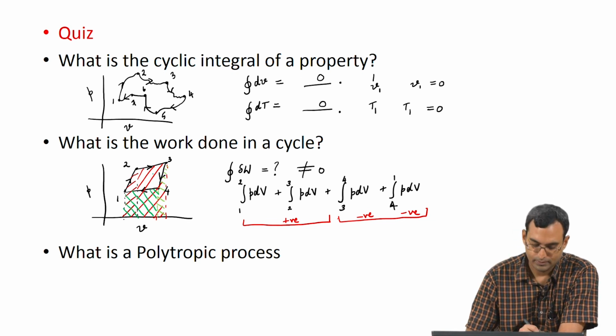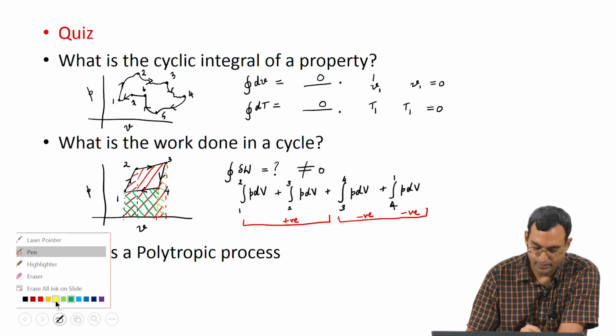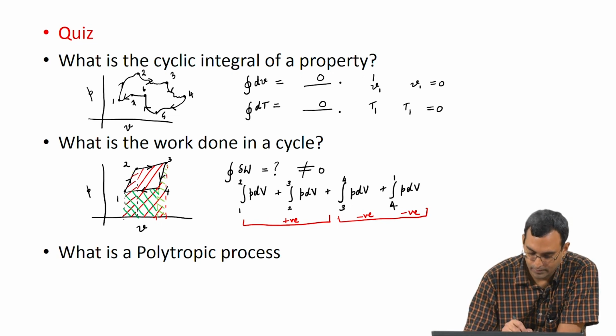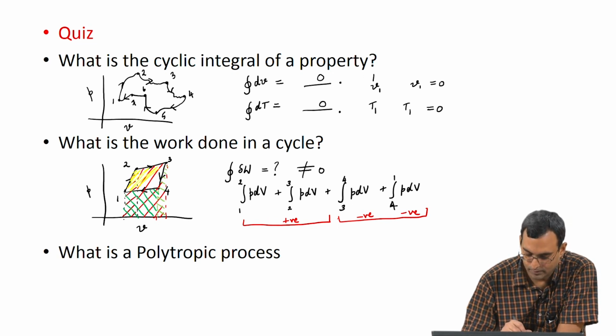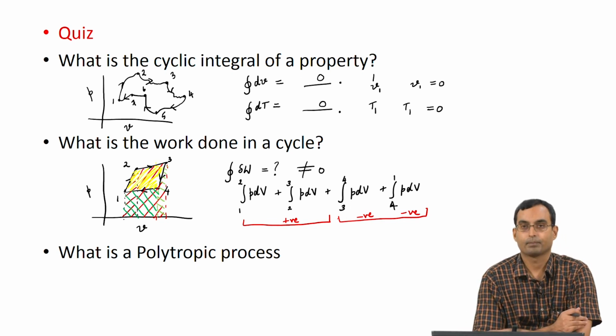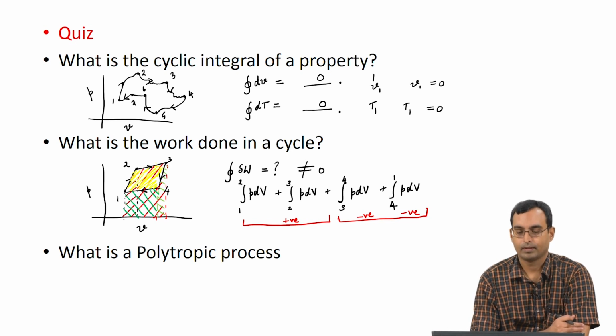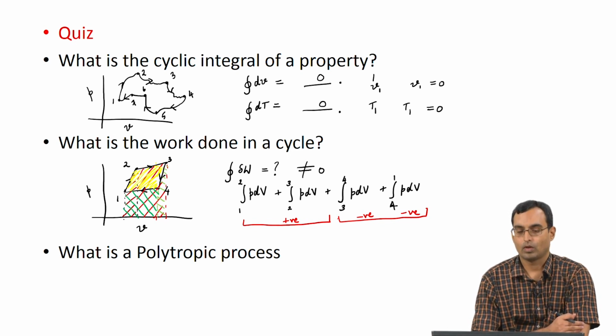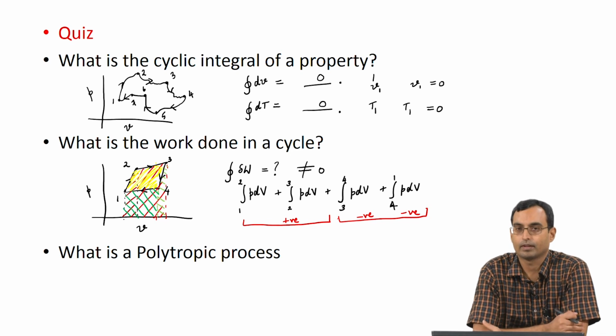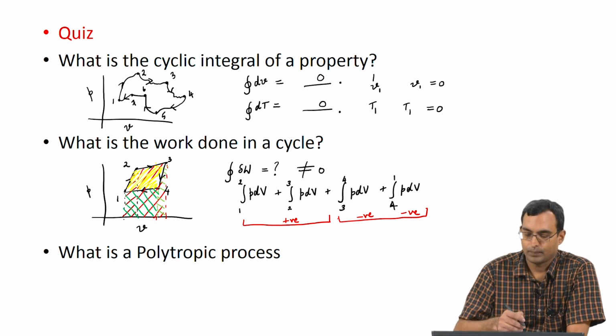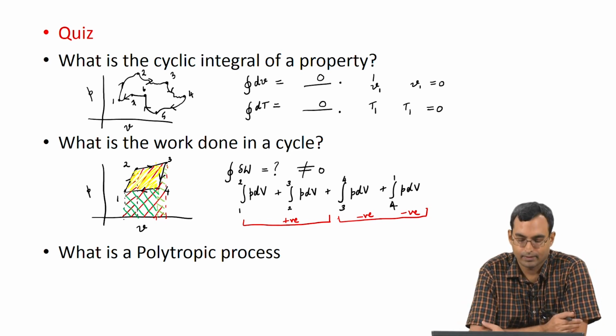So, we see that the cyclic integral in this case is essentially this area over here, the area enclosed by the curve. So, when you have a closed curve of this form, the area enclosed by the curve on the PV diagram gives us the net work done, which as we see is not 0 because this area has some value.